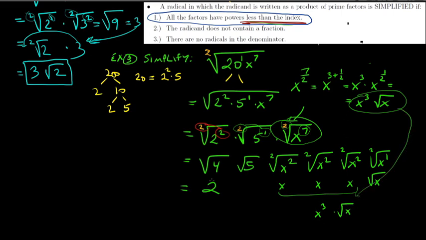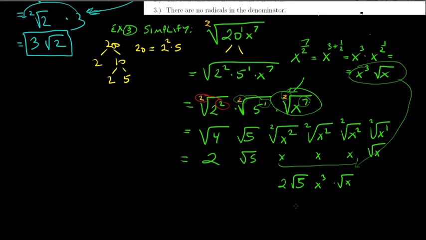And don't forget the 2 and the square root of 5. Those are in front here. And we're almost done. The next thing to do here is remember, the numbers, or anything without a radical, go in front. So this x cubed doesn't have a square root with it.